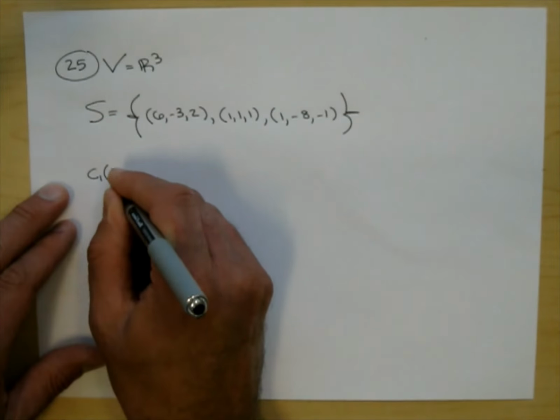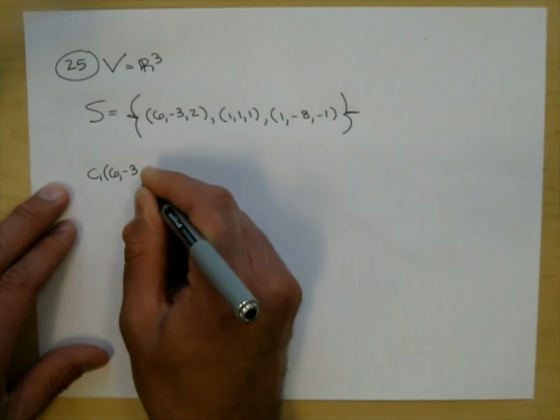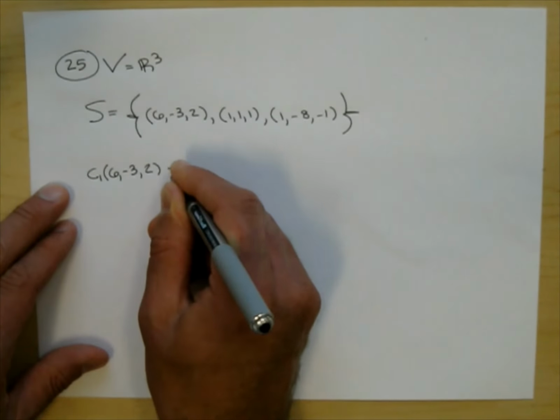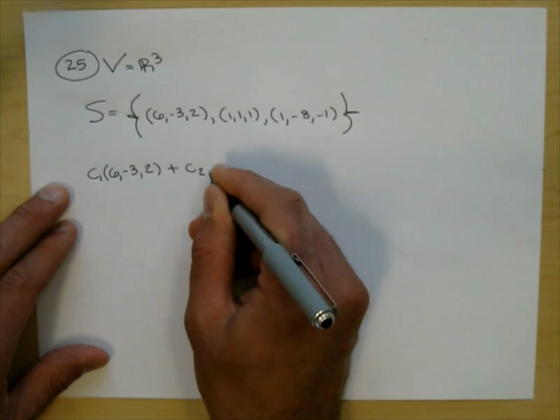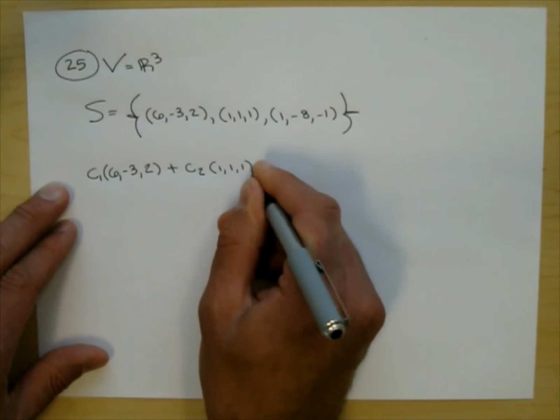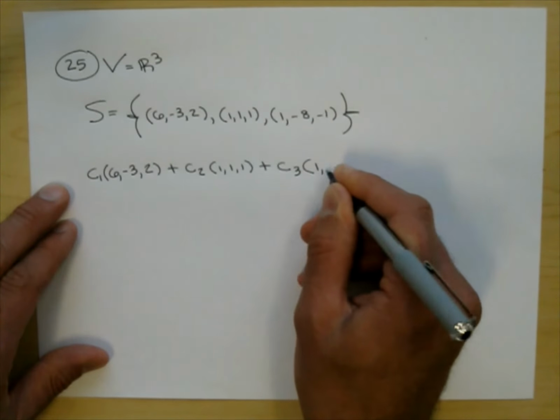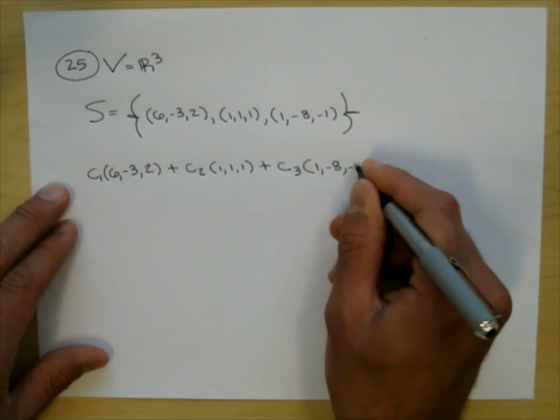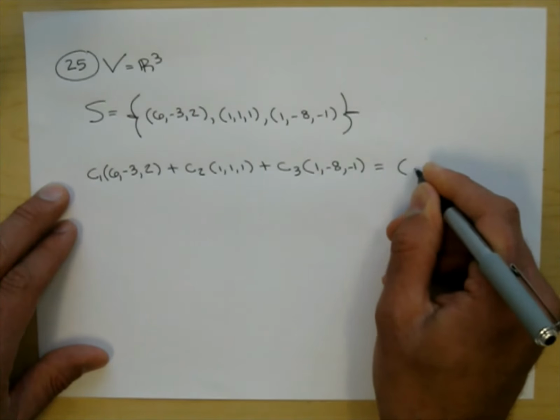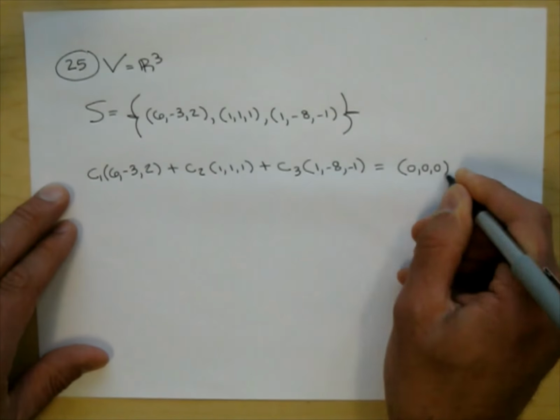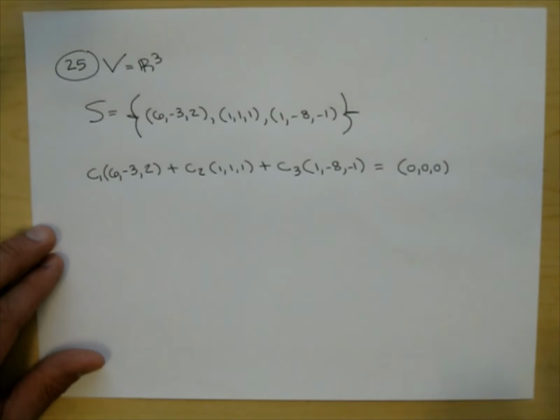C1 (6, -3, 2) plus C2 (1, 1, 1) plus C3 (1, -8, -1) equals (0, 0, 0). Okay, of course this gives us 3 equations and 3 unknowns.